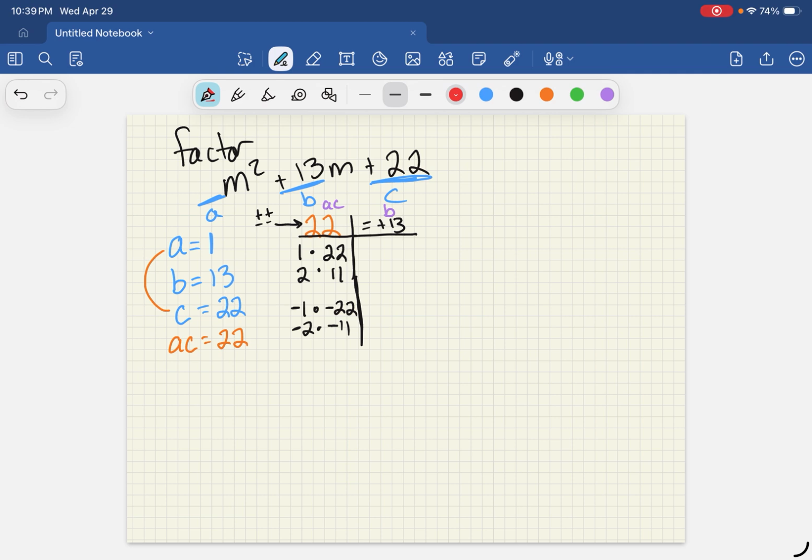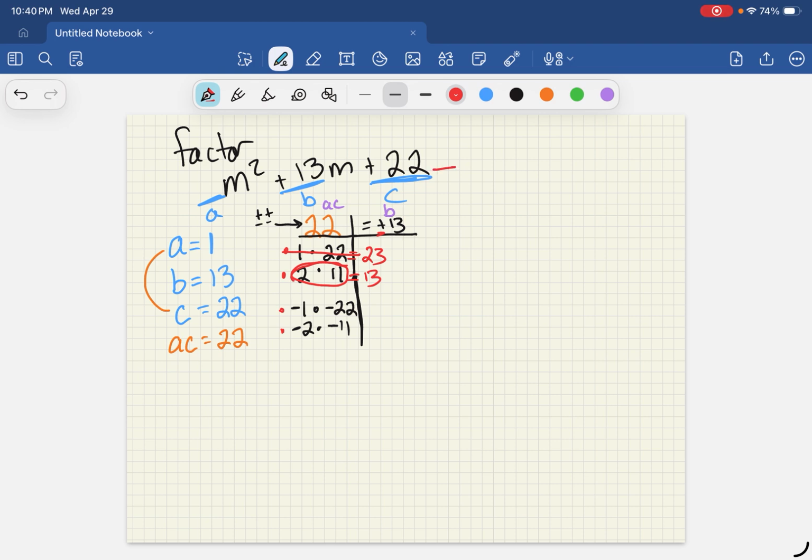And now I can add each of these pairs together to find which pair adds to positive 13. So 1 plus 22 gives me 23. Neat, I don't want that. 2 plus 11 gives me 13. Awesome. These are the two numbers that I want.